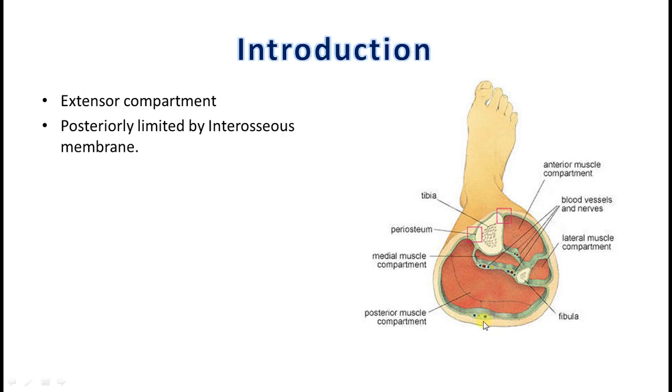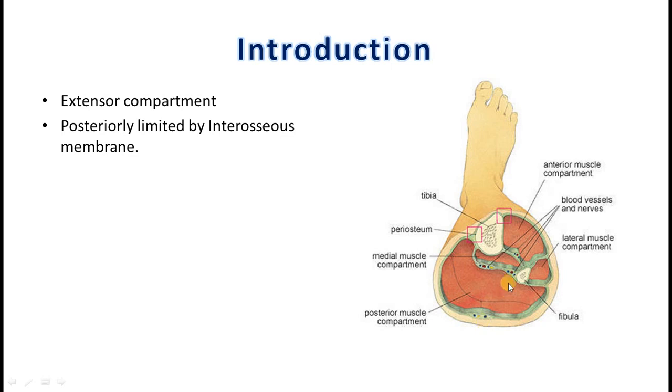Traced above, the fascia cruris is continuous with the popliteal fascia behind, and above in the thigh it continues as the fascia lata of the thigh.